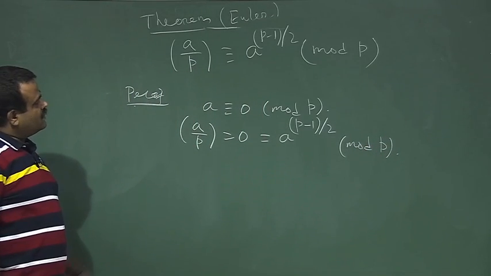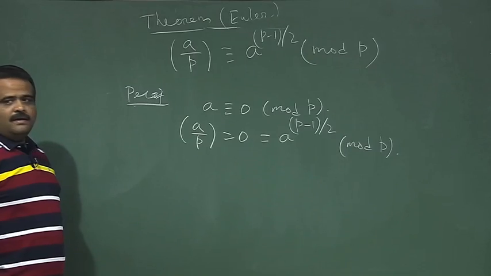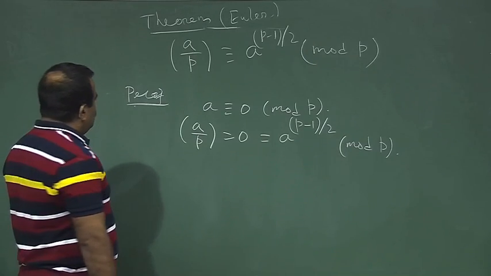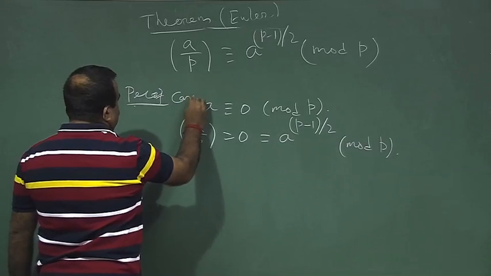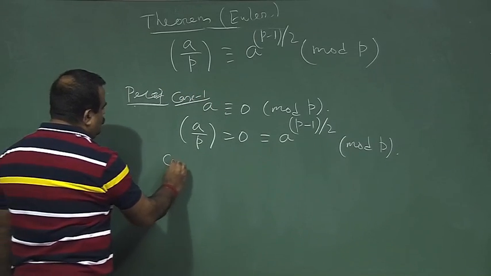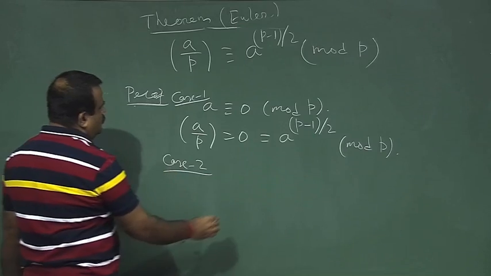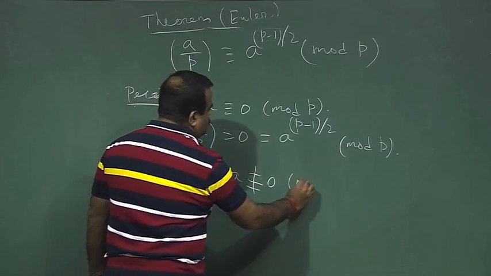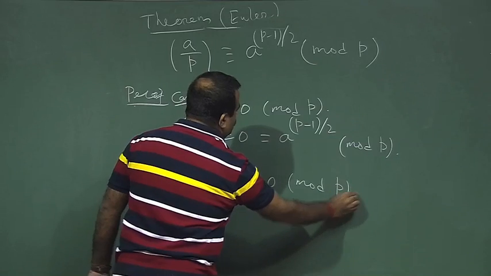So, this is when a divides p, basically. This is case 1. Now, suppose case 2, suppose a does not divide p.